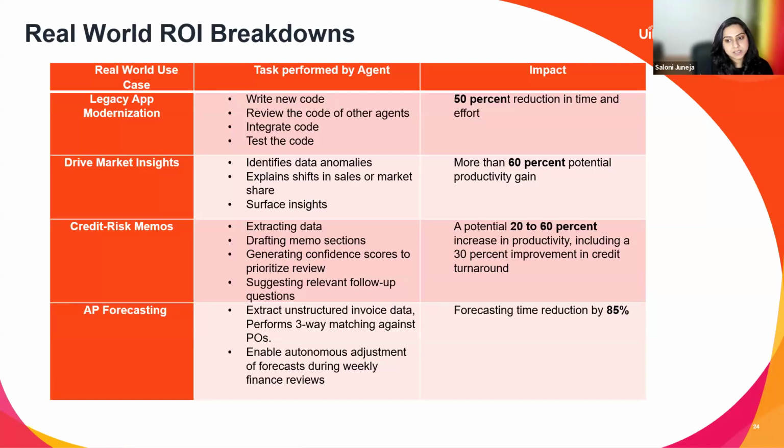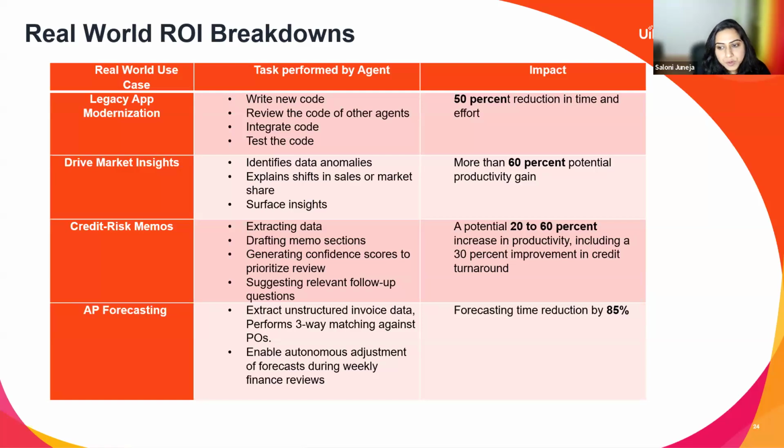And with advanced search and contextual reasoning, these agents are surfacing insights that even human beings might find difficult to see. They are looking at aspects that are so underlying, which might not be visible to the human eye. And it has been seen that there's a potential of gaining at least 60% of productivity while picking up this use case.